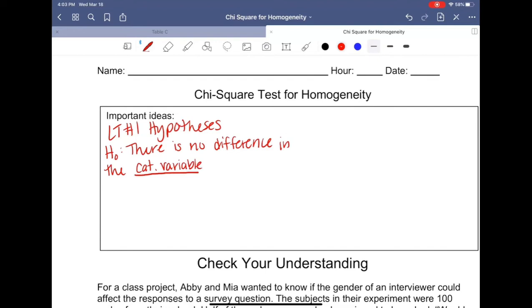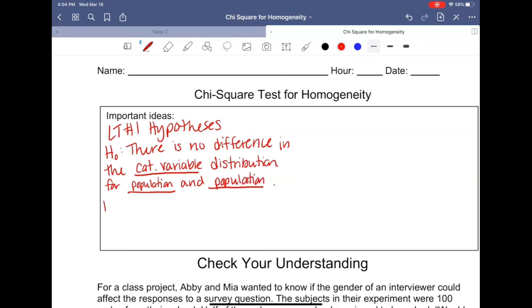So there is no difference in that categorical variable distribution, like gummy bear color distribution, for blank. And that's whatever your first population is, so Haribo, and then your second population. In our case, it would have been Meyer.